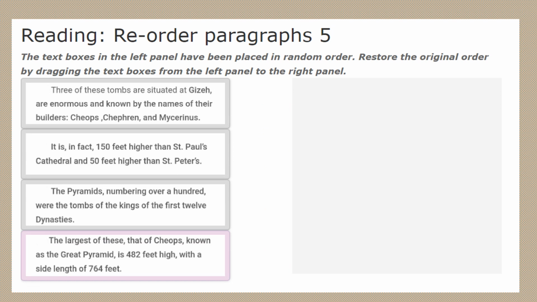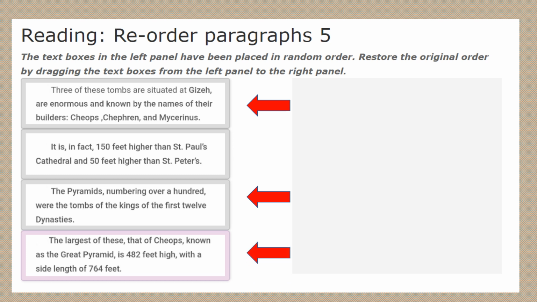Now the last practice is, so the introductory sentence: the pyramids, numbering over 100, were the tombs of the kings of the first 12 dynasties. Then, because they were talking about dynasties, so 3 of these tombs are situated at Gizeh, are enormous and known by the names of their builders: Cheops, Chephren, and Mycerinus.